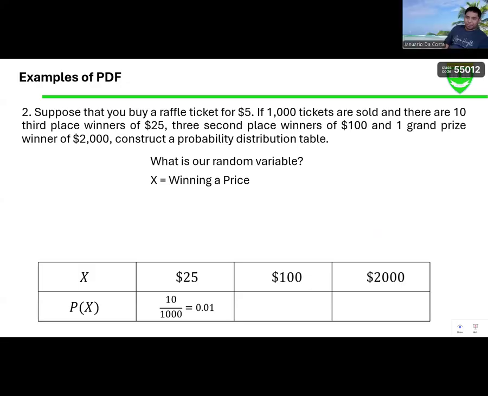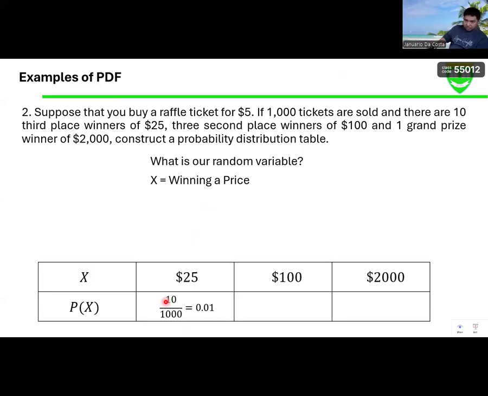Where is 10 coming from? Because there are only 10 third place winners for $25. You only have 10 tickets for $25. So the probability is 10 out of 1,000. We have a total of 1,000 tickets. Do you understand? Yes, teacher. Everybody, any questions?